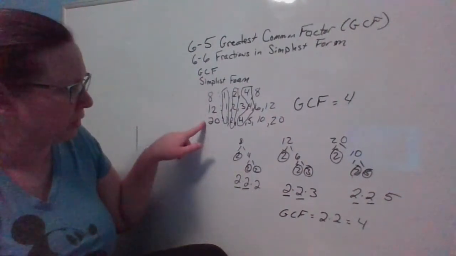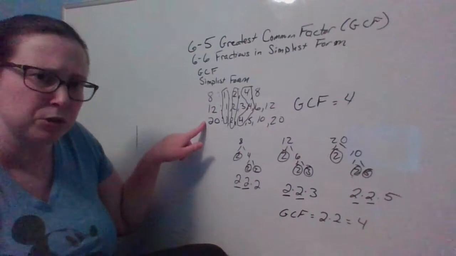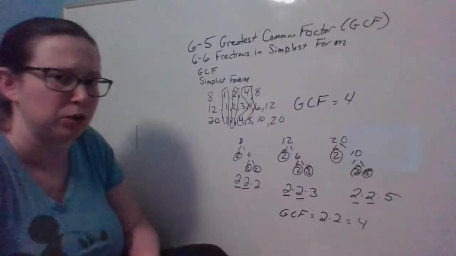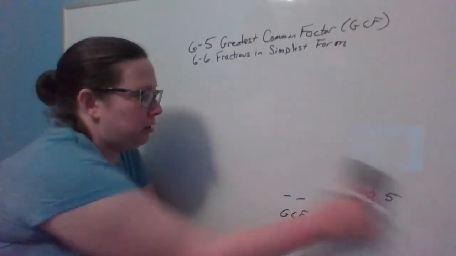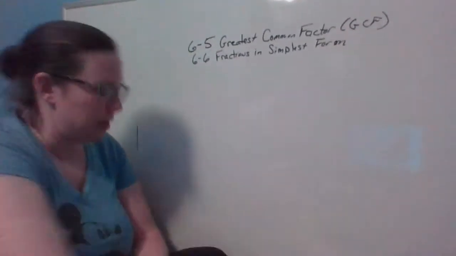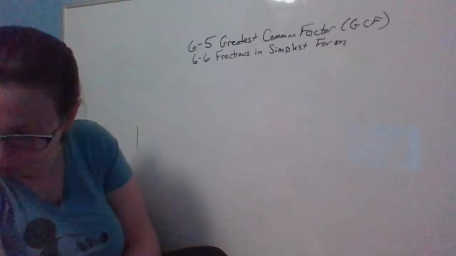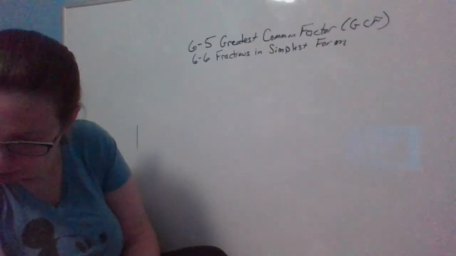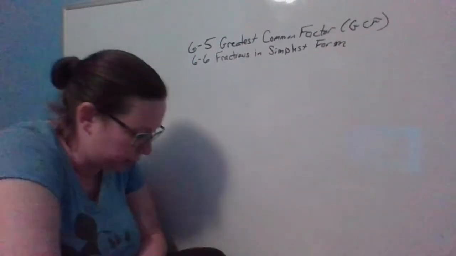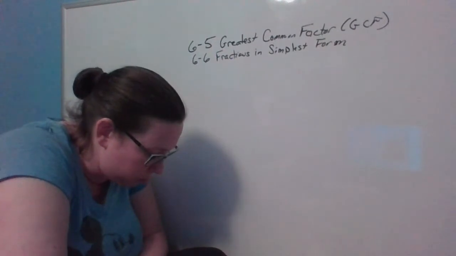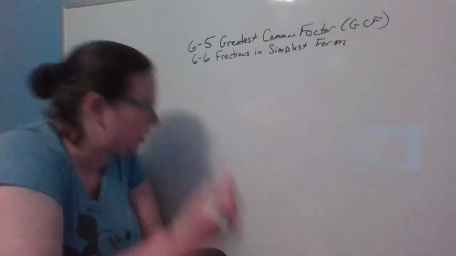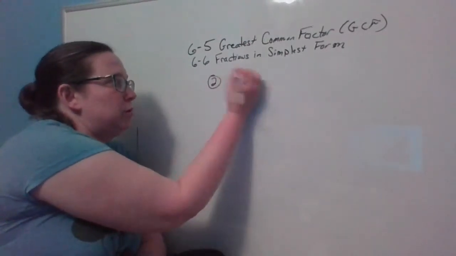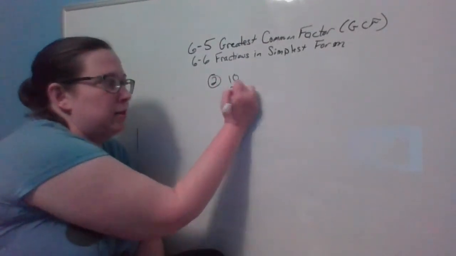Once you find something that goes into your other numbers without a remainder, then you know you're done. So let me show you what that looks like on a few examples here. For your first example, let's look at number 2. So number 2, we have 10 and 30.